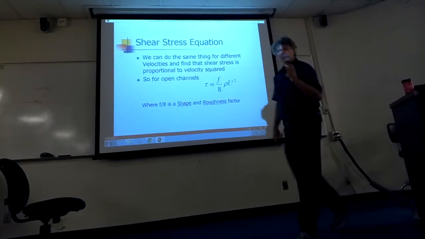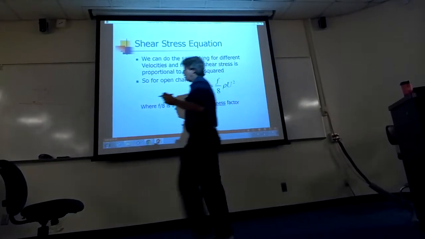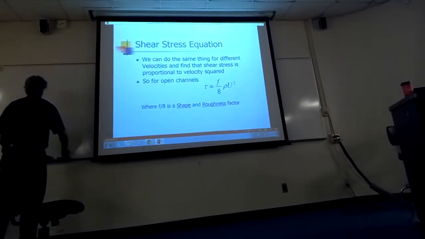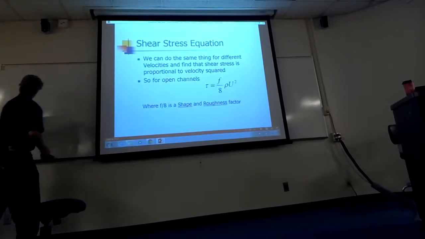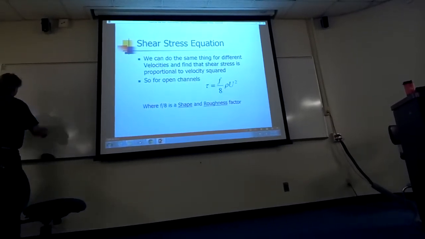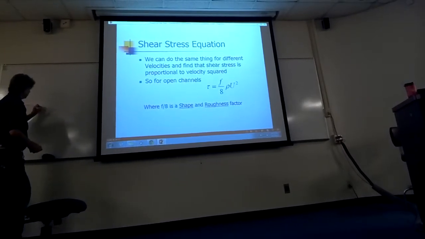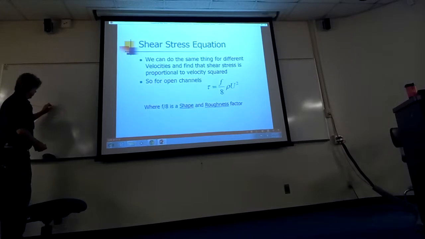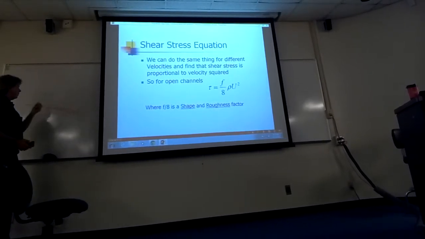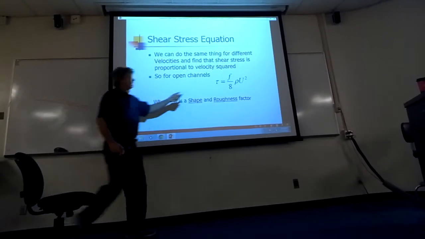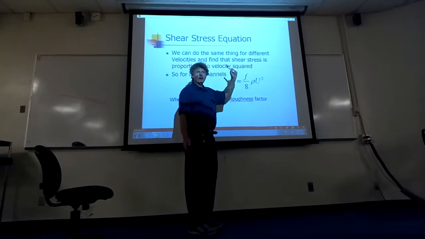Aha. If I increase the roughness, remember, this is a kind of a cool thing. Let's pretend we're in a stream channel and it's flowing downhill, and we have nice little smooth sand on the bottom, and then all of a sudden I have some big angular boulders. What's going to happen to this F value here as we go from the sand to the big rocks?